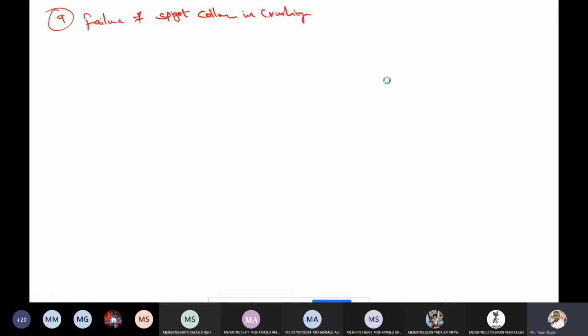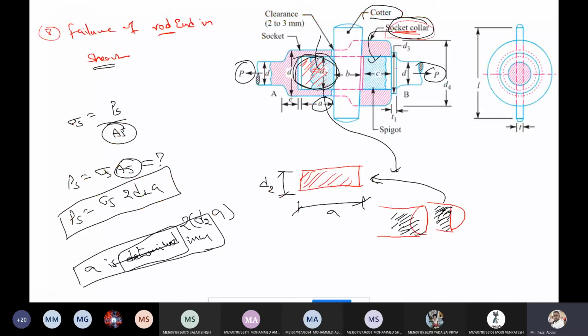So see here, spigot collar, this is the one. Here you can find the spigot collar. So if it fails in crushing, how it appears, I'm drawing here.